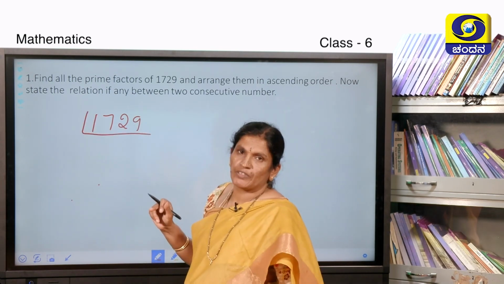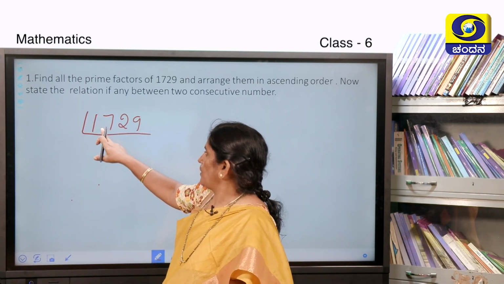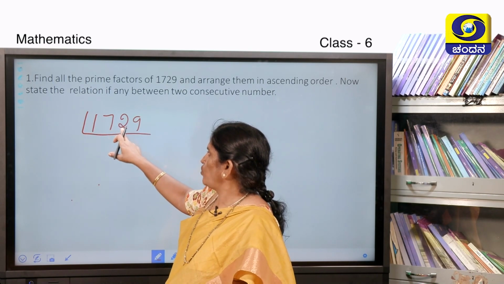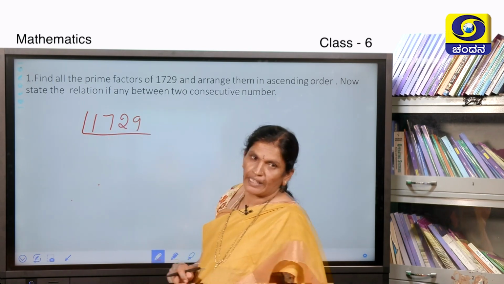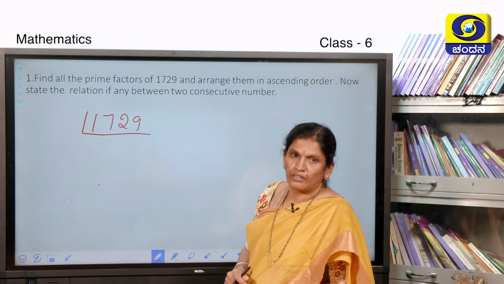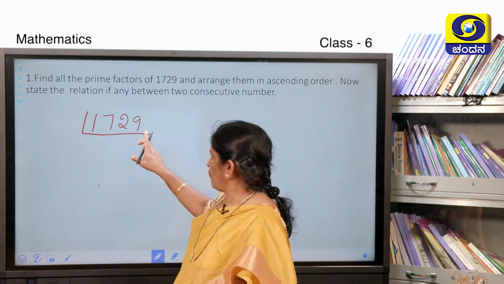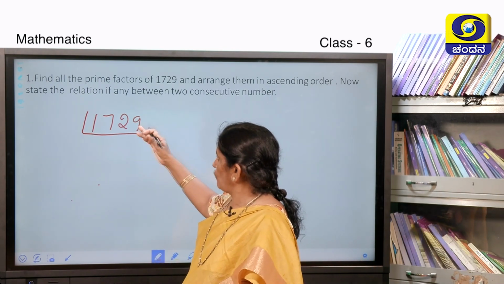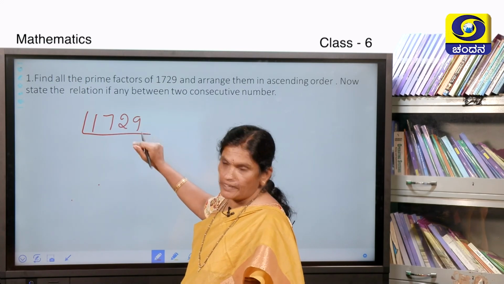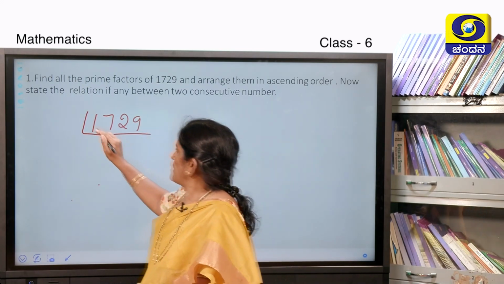Use the test of divisibility, children, here. See 1 plus 7, 8, 8 plus 2, 10, 10 plus 9, 19. We can't use 3 here. Next from 5 we can't, 2 we can't, even 4 also we can't as there is 9 in the ones place. So, let me try from 7.